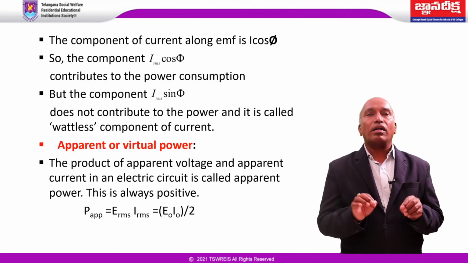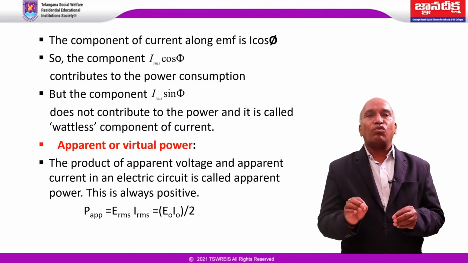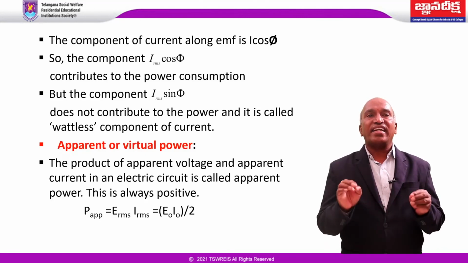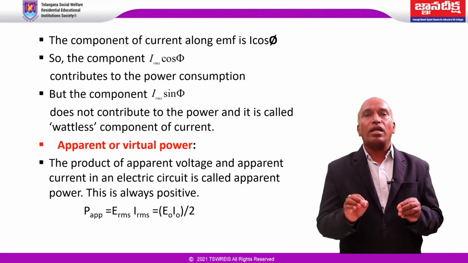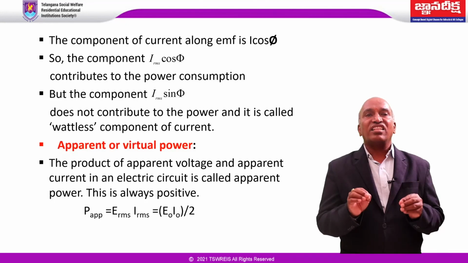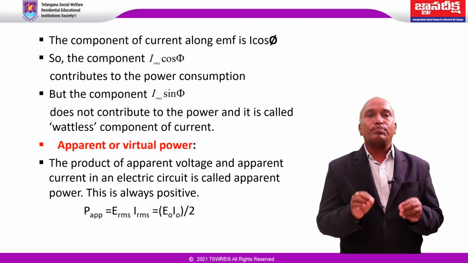Apparent or virtual power: the product of apparent voltage and apparent current in an electric circuit is called apparent power. This is always positive. P apparent is equal to E RMS I RMS, that is equal to E naught I naught by 2.